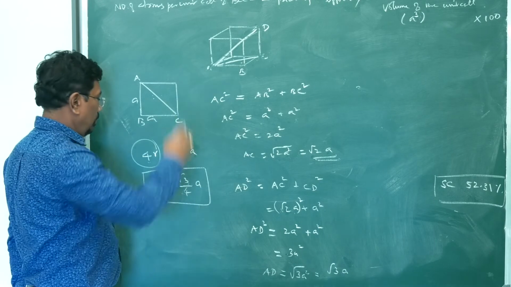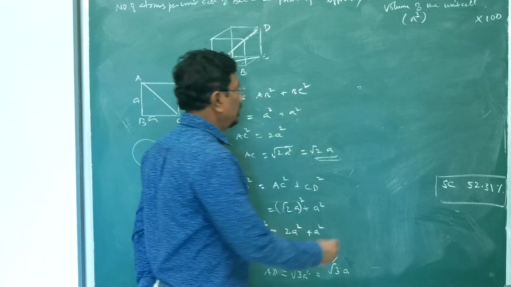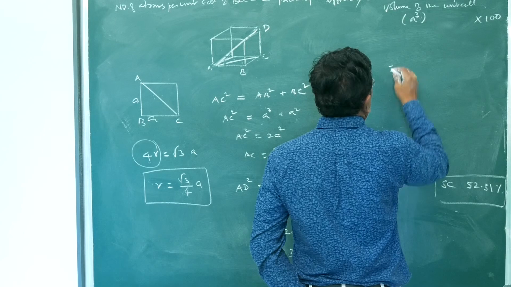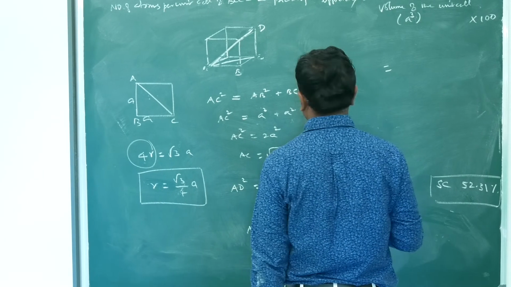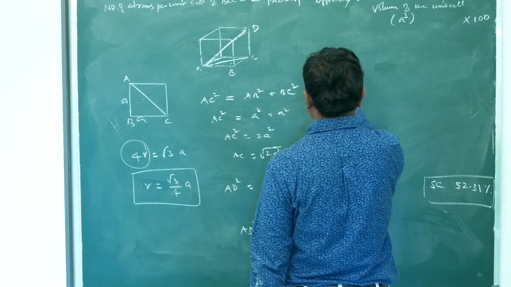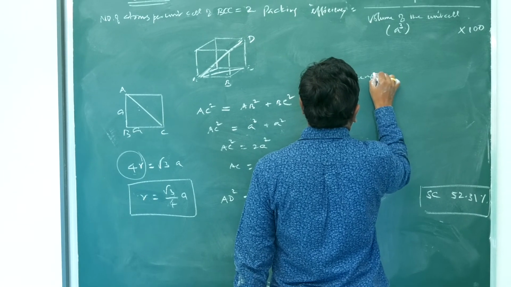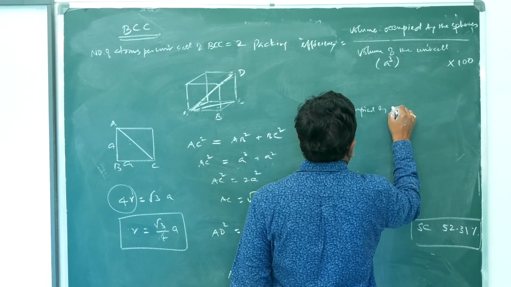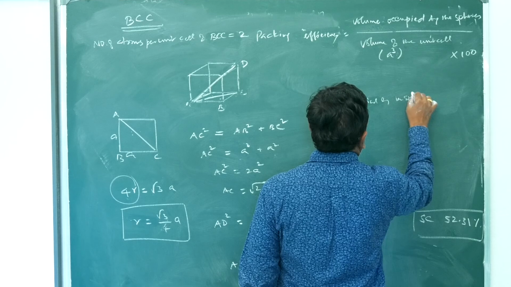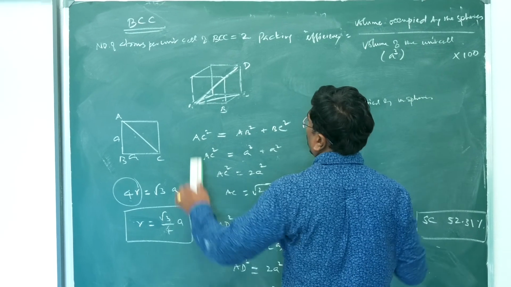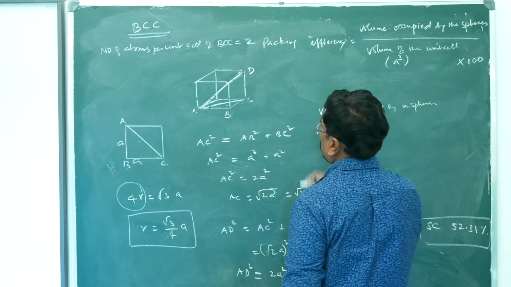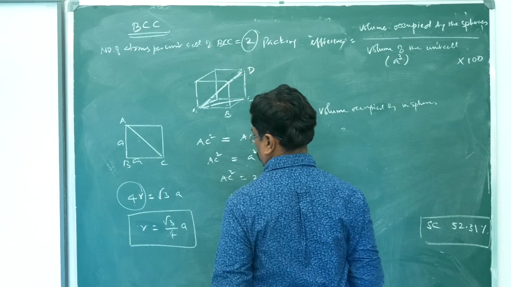Now let us go in for the efficiency calculation, which is equal to the volume occupied by the spheres divided by the volume of the unit cell. How many spheres are there in BCC? Two. Number of atoms is equal to 2.